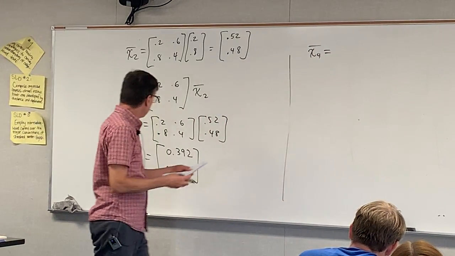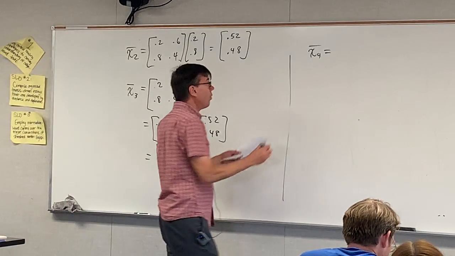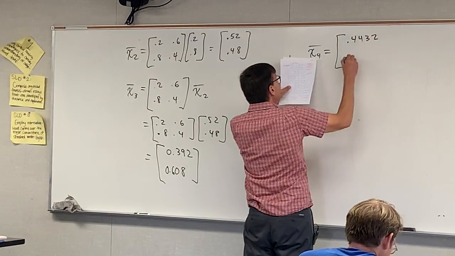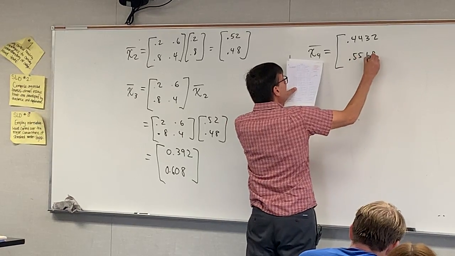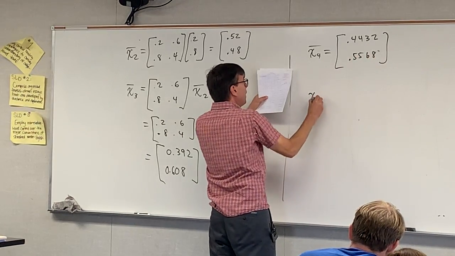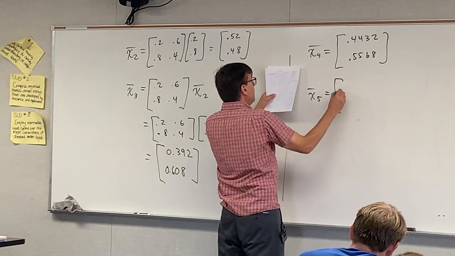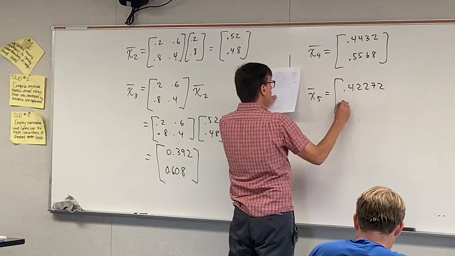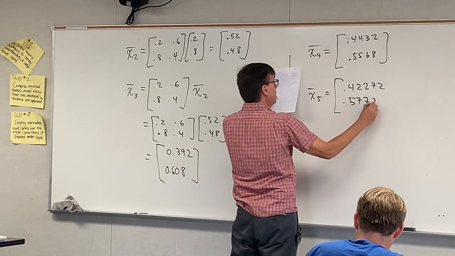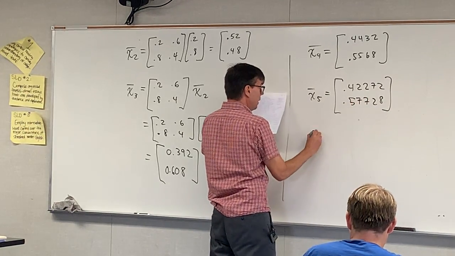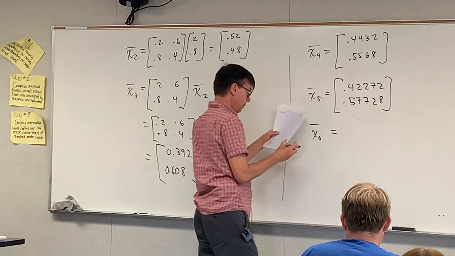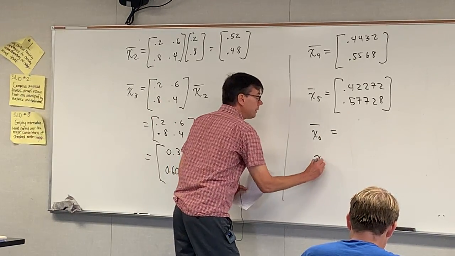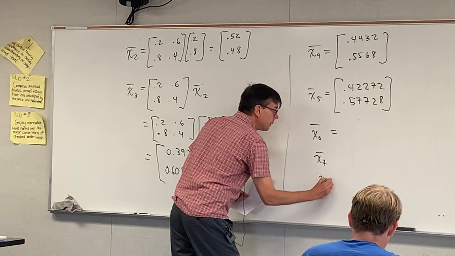And I'll put just a few of these down. That's x3, x4 is 0.4432, 0.5568. x5 is 0.42272, 0.57728. Then x6, x7, x8.